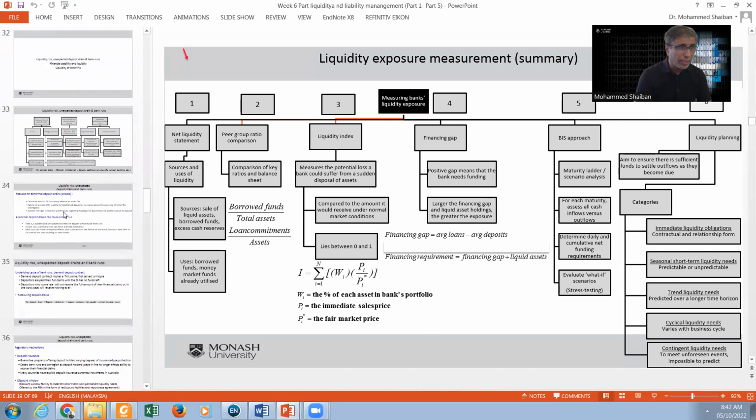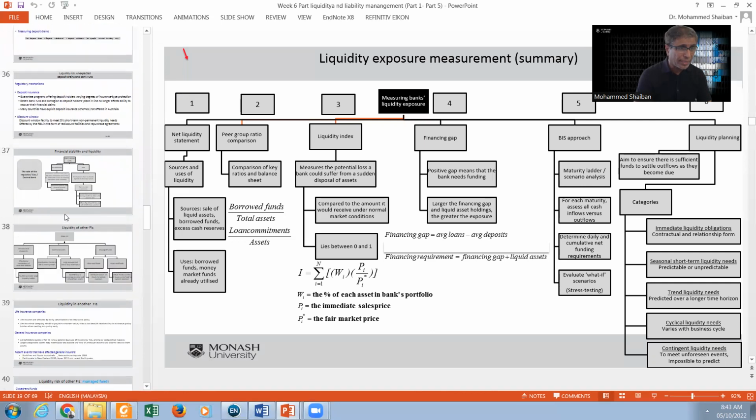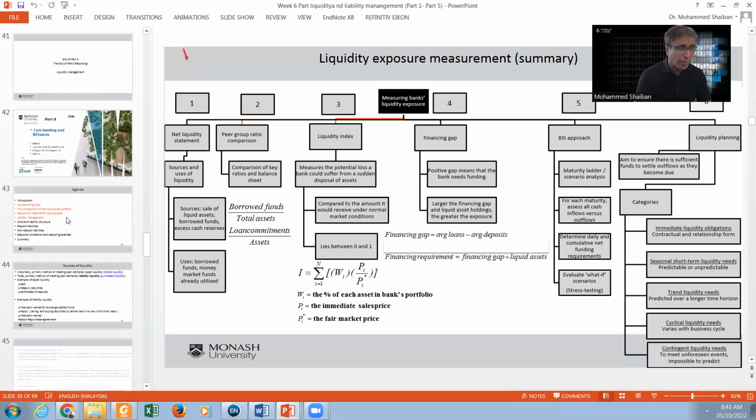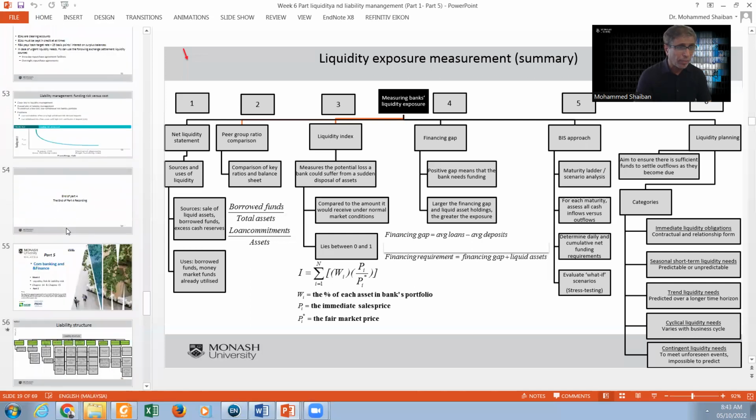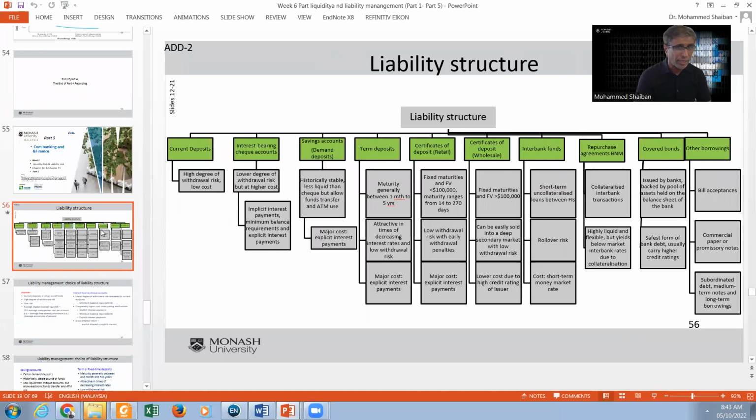When we talked about the balance sheet, this is just some of the other material about liquidity risk. We talked about liabilities, and I don't want you to be worried about this. This is just a financial product. Maybe we'll talk about it in the final or something, but here, nothing.